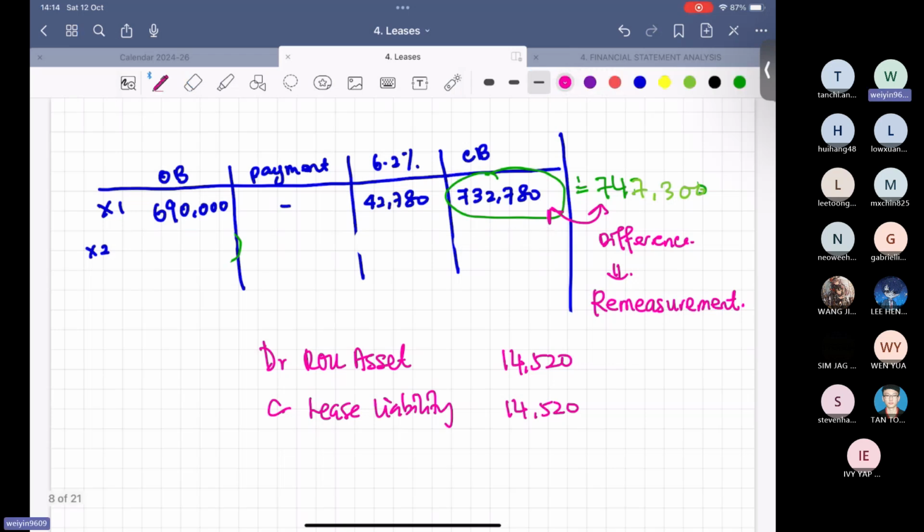So I change to 747,300. And now my payment is 204,000. And I need to calculate my percentage. Okay, calculate a little bit.